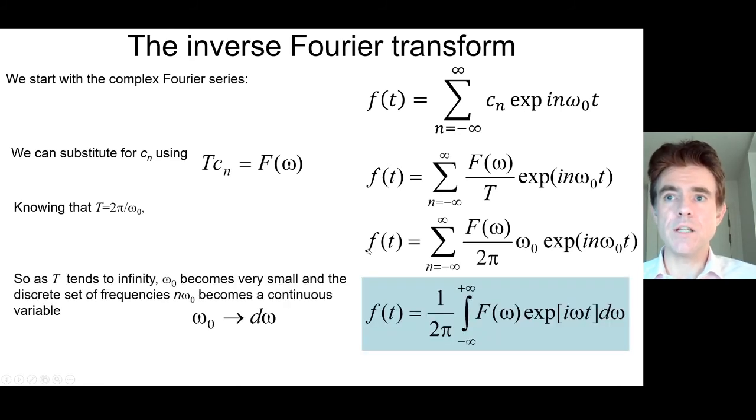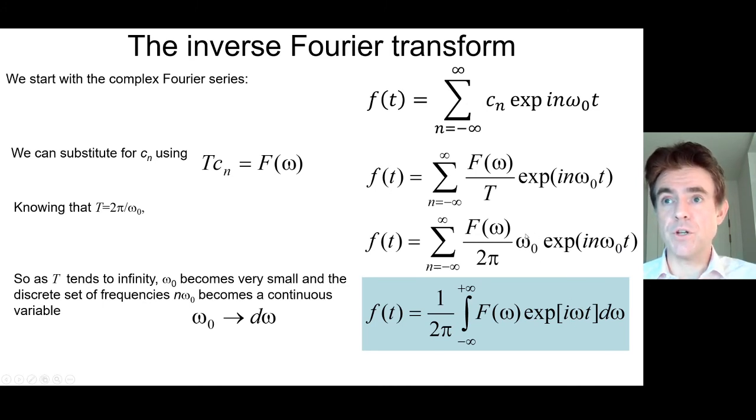And then again, we recognize that as T tends to infinity, omega 0 becomes very small. And yet again, we are replacing integer multiples n of this small quantity omega 0 by a continuous variable omega.